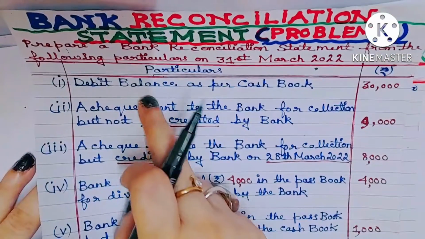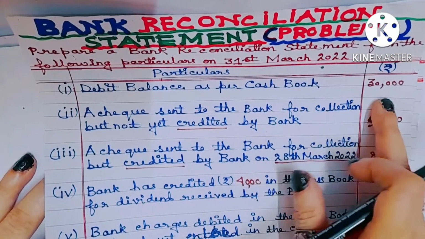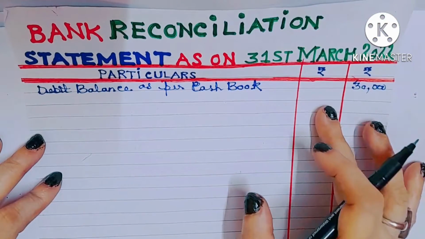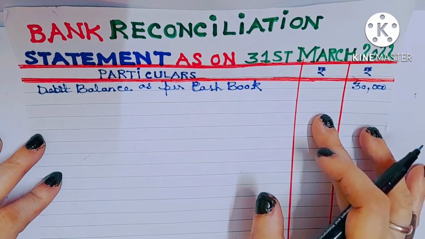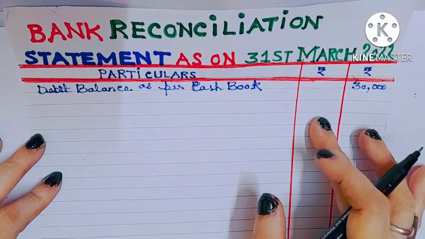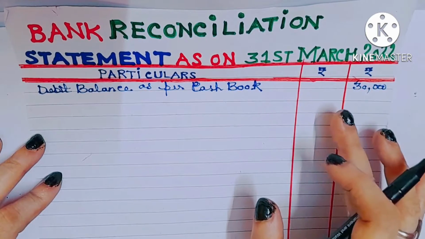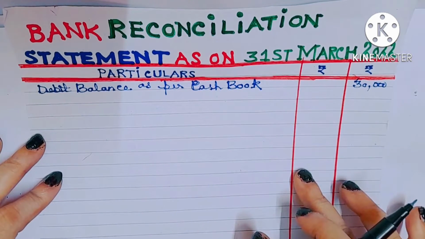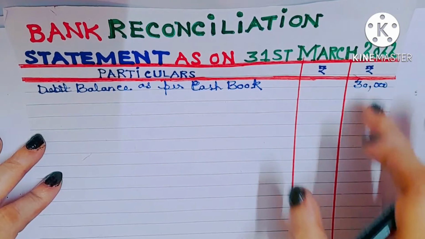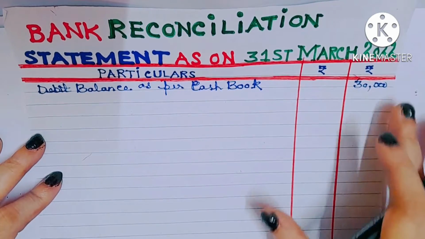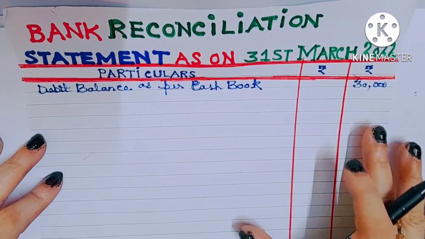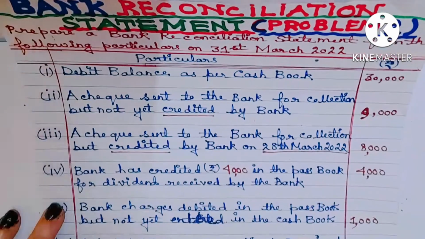See, debit balance as per cash book, 30,000. The first column is also known as the inner column. All the adjustments, that is add or less, are done here. And the total amount is written in the outer column or the second column. Okay. Now let's go through the problem.